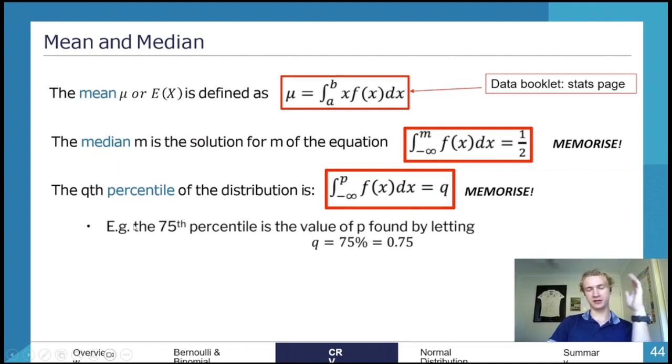The best way to learn this one would probably be by example, to be honest. For example, the 75th percentile is the value of p found by letting Q, 75%, equal 0.75. So if we sub in Q equals 0.75 here, we can solve for p, which tells us the percentile. It's not asked a lot. We'll see IQR in a moment, which is high yield, but you definitely need to know the median, and do practice questions for that as well.